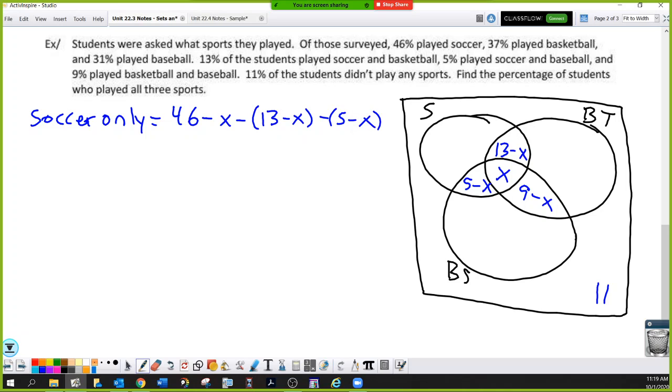You're going to realize that 2 of those x's are negative and 1 is positive. So real quick maths gives you 46 minus 18 minus x, which is, what's 46 minus 18? 28. Looks like 28 minus x.